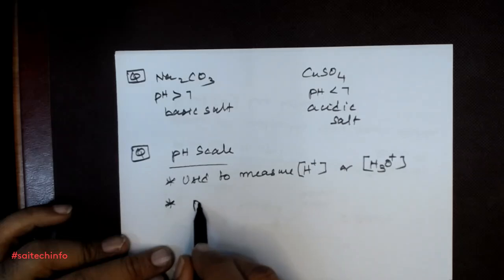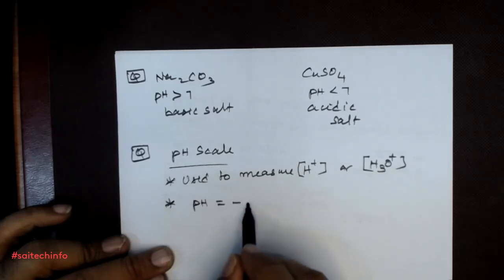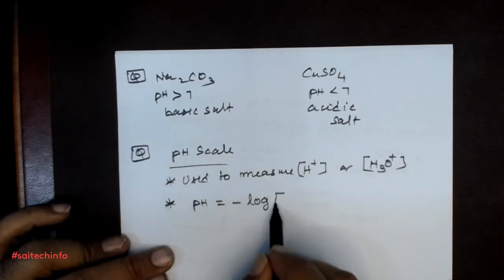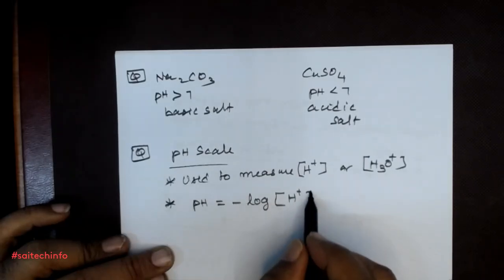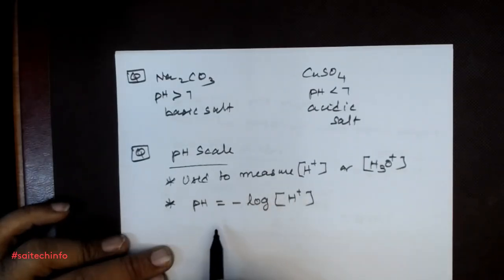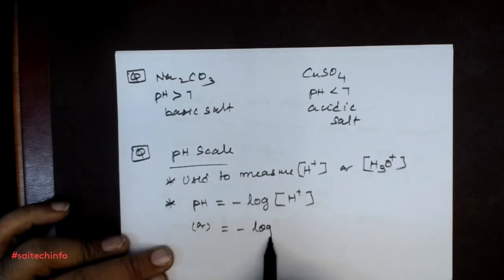It is given by pH is equal to negative logarithm of hydrogen ion concentration, H plus concentration. Or it is also equal to negative log of hydronium ion concentration.